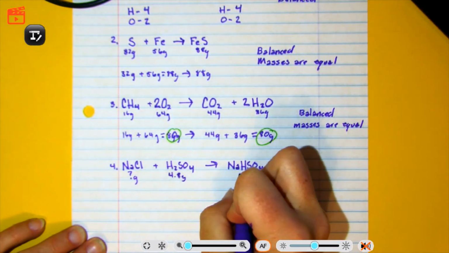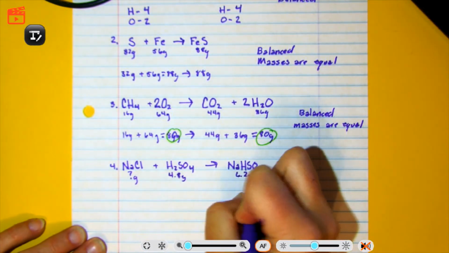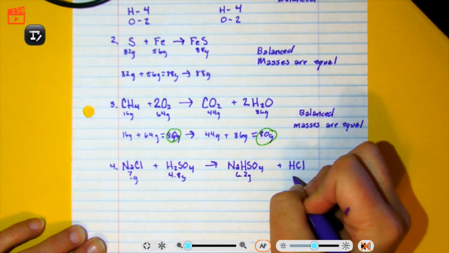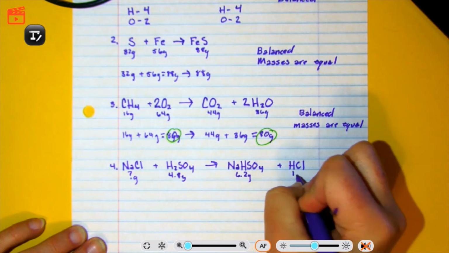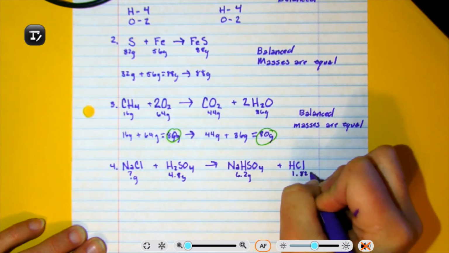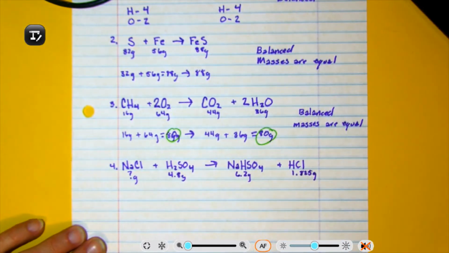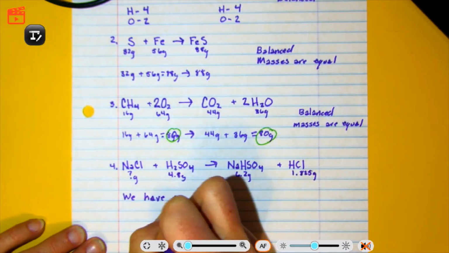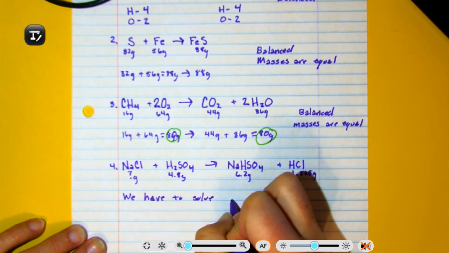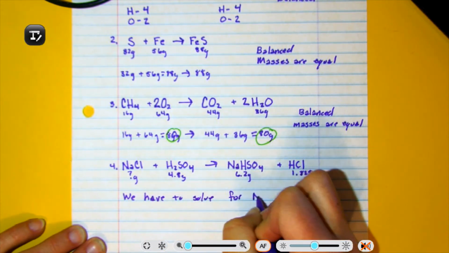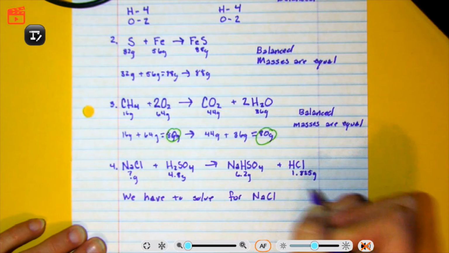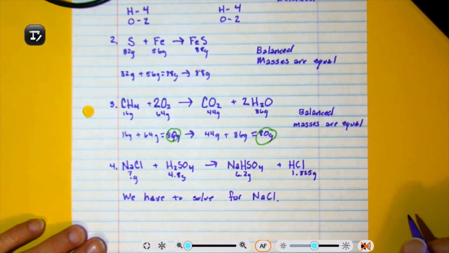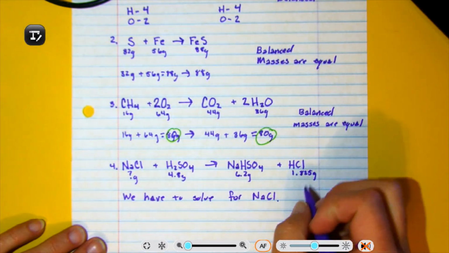They give us the grams of this one at 6.2 grams. And they give us, I guess I should say, the mass of this one at 1.825 grams. All right, so we have to solve for NaCl, which is salt.